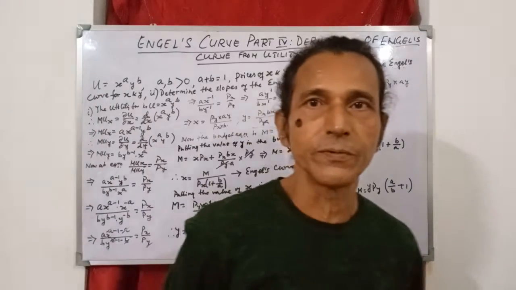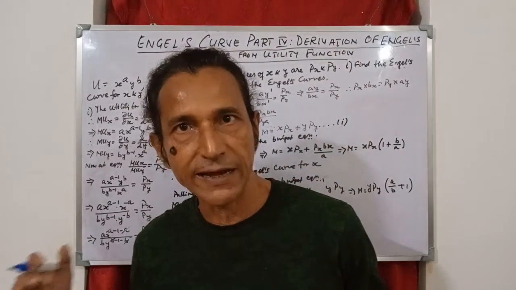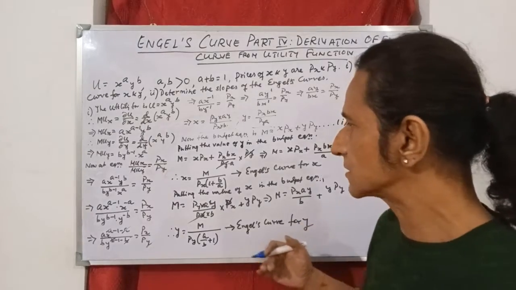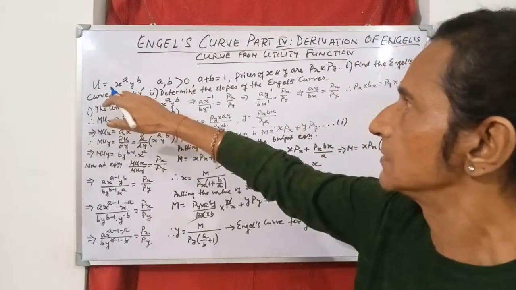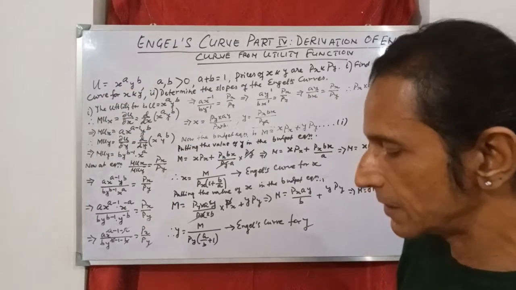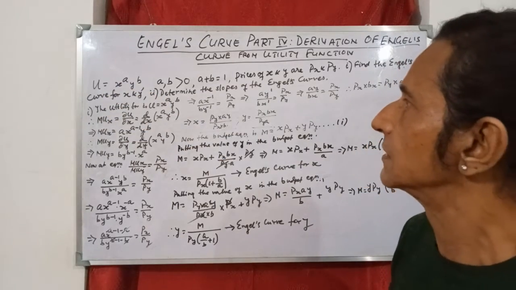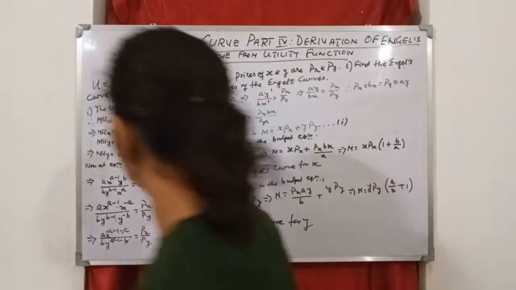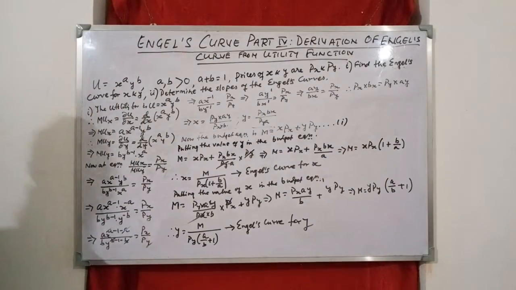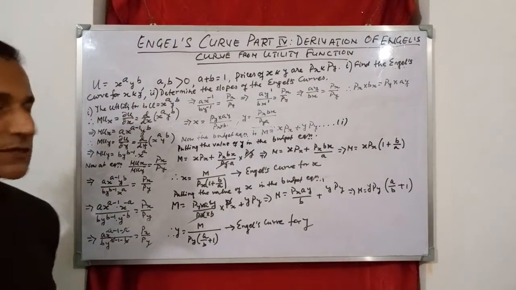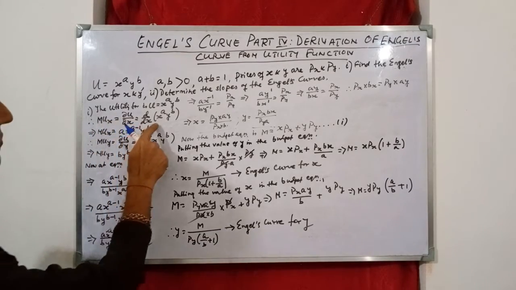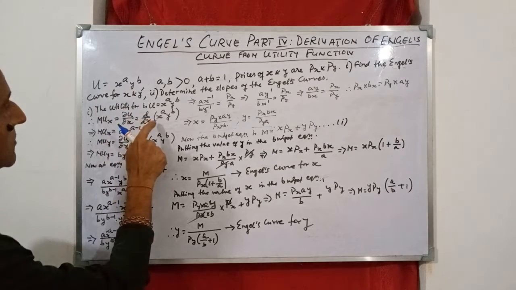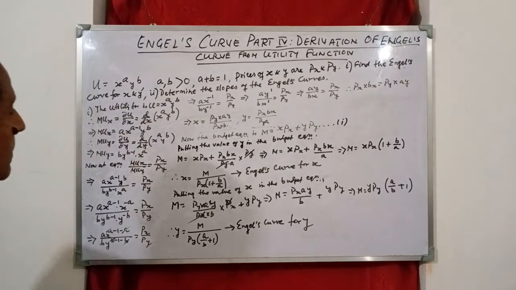So we have derived the Engel's curve for commodity x and commodity y from the given utility function. What have we done? We have first differentiated u with respect to x to find the marginal utility of x, that is MUx equals del u del x, which is d/dx of the utility function x to the power a y to the power b.